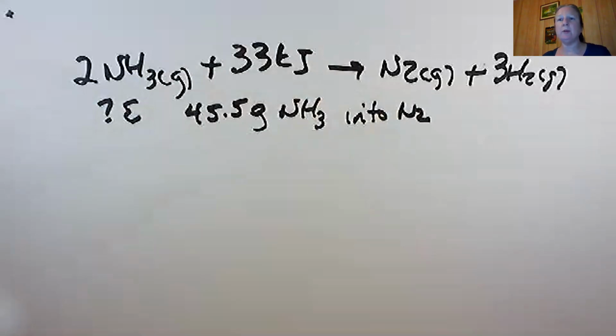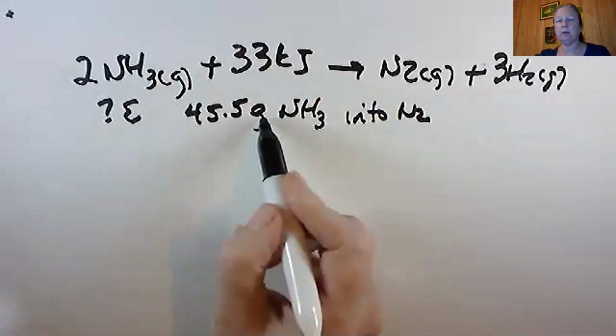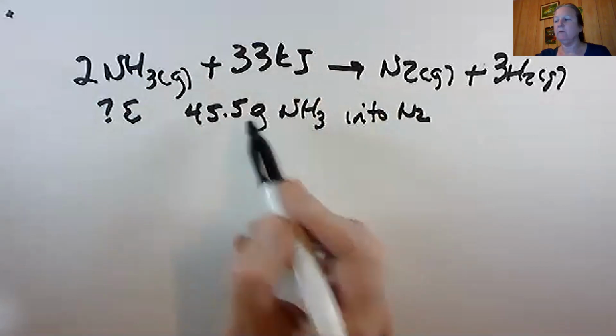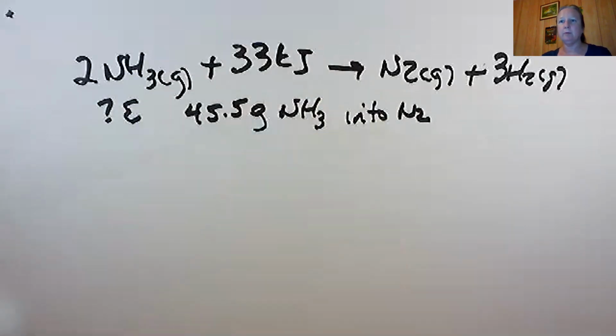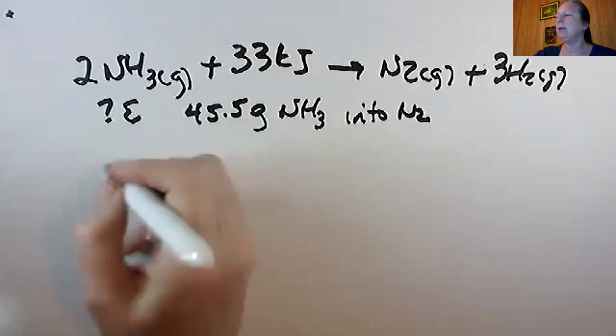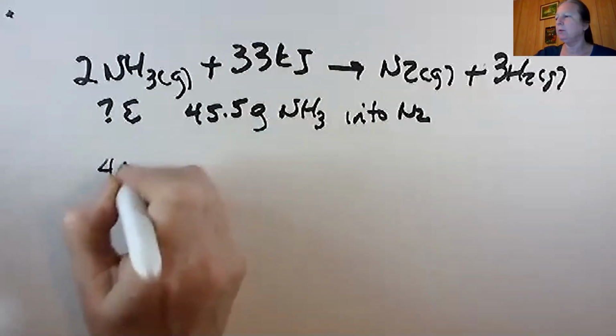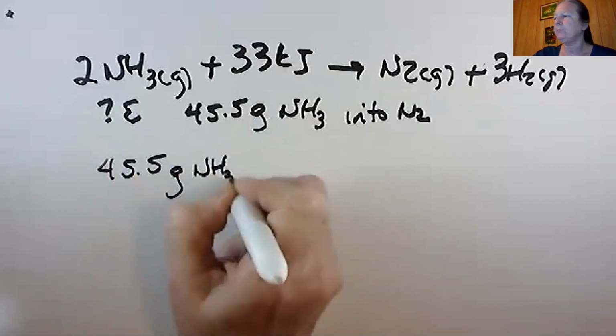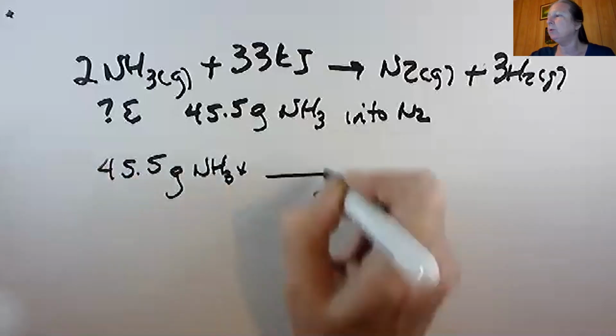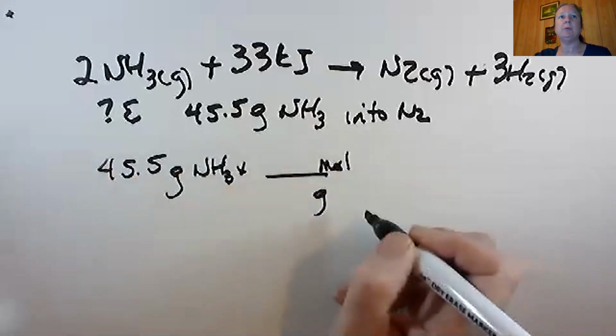So what's the first thing you do when you see this in stoichiometry? The very first thing you should think when you see grams and we're doing stoichiometry is convert to moles. When in doubt, convert something to moles. You can't go wrong, because we cannot do stoichiometry with grams. We have to do moles.